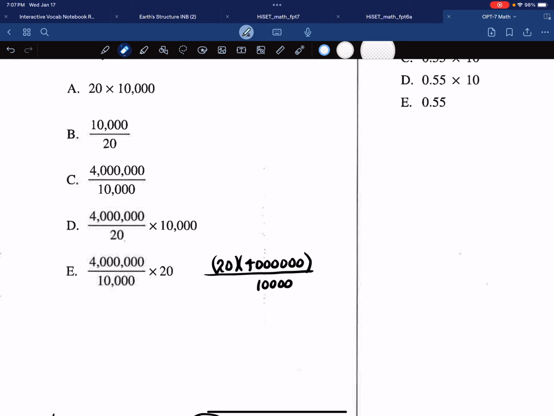And then you could say, okay, let's just leave it with the 4 million because those are inhabitants over inhabitants. And we've got the same thing here because this means times. So E is the answer. You want to divide 4 million by 10,000 and then multiply by 20. And you have liberty to rearrange things because of the multiplication and division.